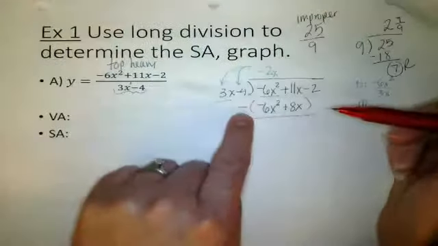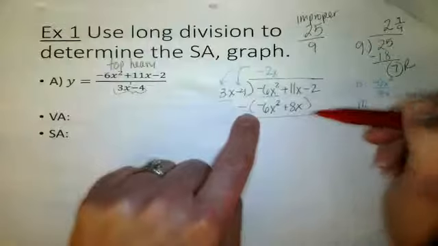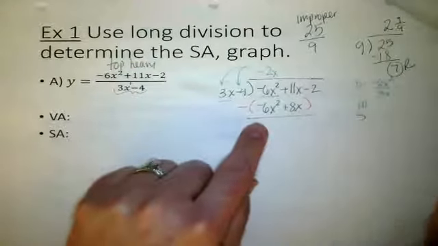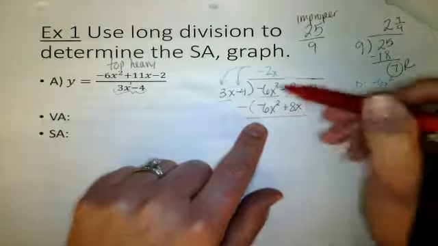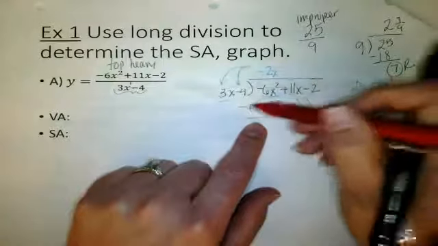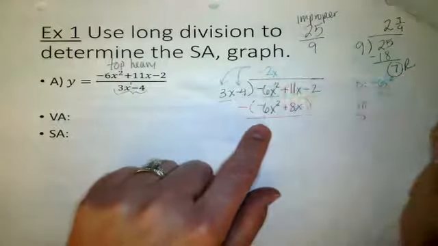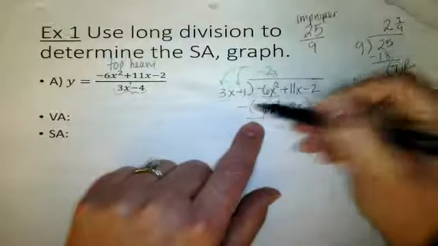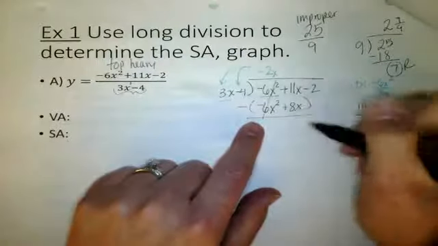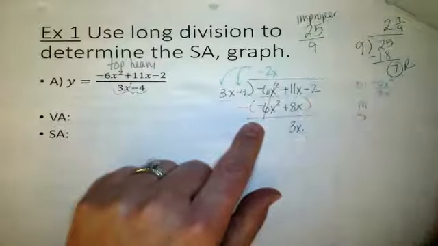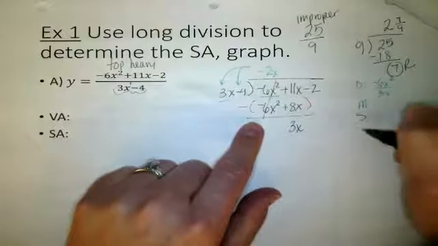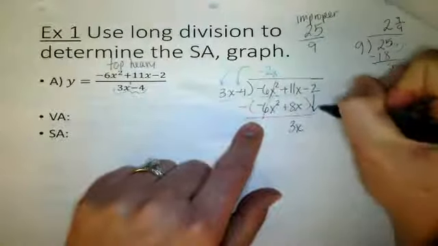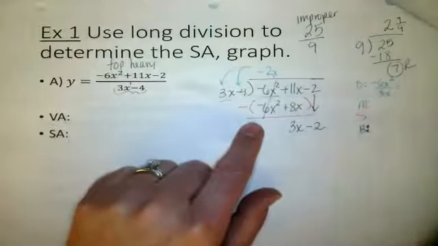Please, please, please make a giant subtraction sign, and don't forget those parentheses. They're really, really important to help us remember to subtract everything. Negative 6x squared minus a negative 6x squared is 0. And then we have 11x minus 8x, which is 3x. And then what's the next step? Bring down. Bring down, and we're going to bring down that negative 2.